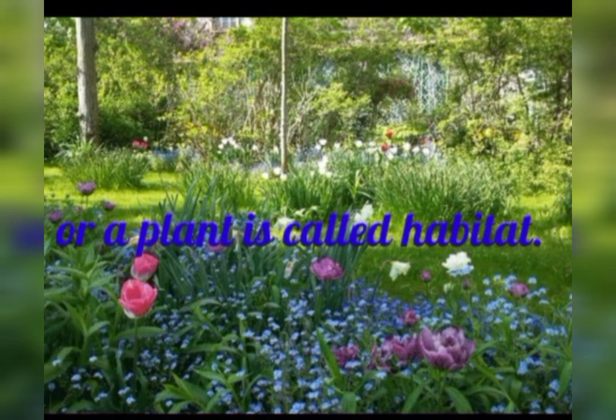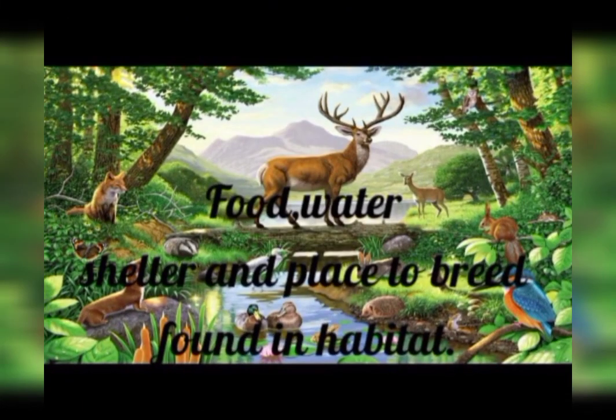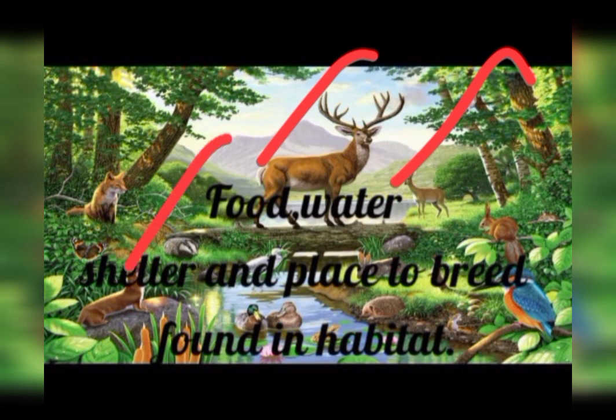Now say, what are the basic needs for all living things? Yes, air, water and food. So in a habitat we can find food, water, shelter and a place to breathe.